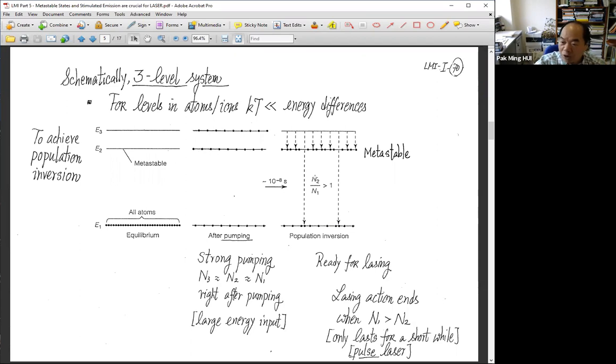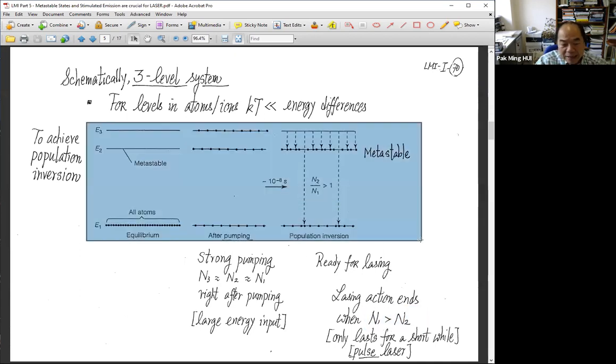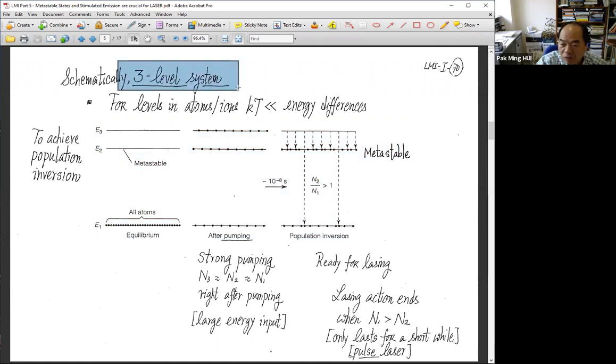But soon it will stop because once atoms come down, you will have this ordinary situation again, then no more lasing. That becomes a loss medium because there will be more absorption than emission, okay? So that is the key idea behind what is generally called a class of lasing system called three-level system.